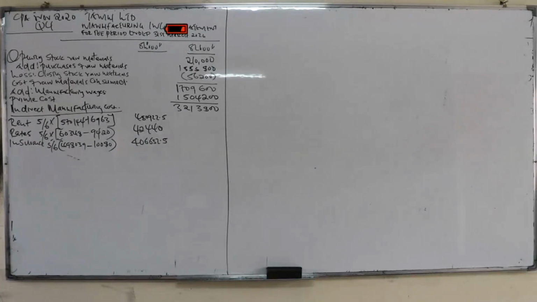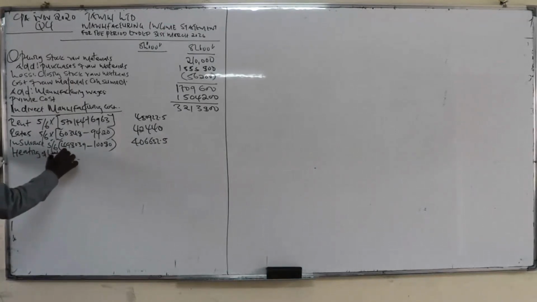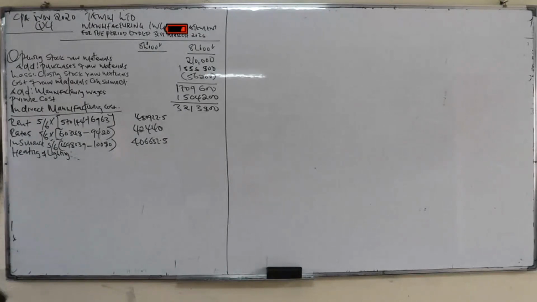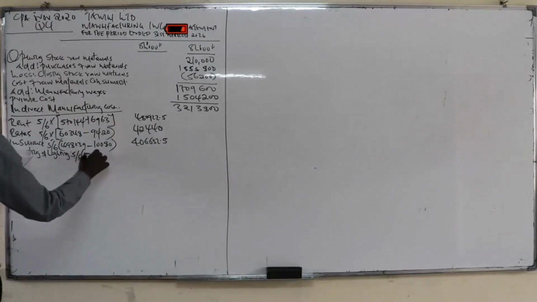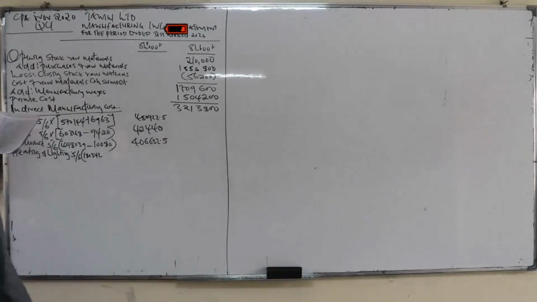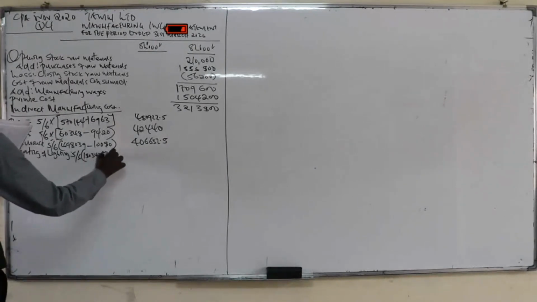We go to heating and lighting. Heating and lighting, the one that is paid in the trial balance, how much? 180,342. 5 out of 6 of that, and then we add 36,42.